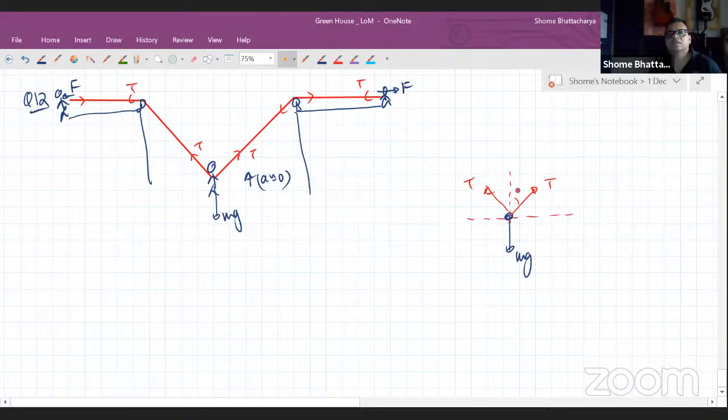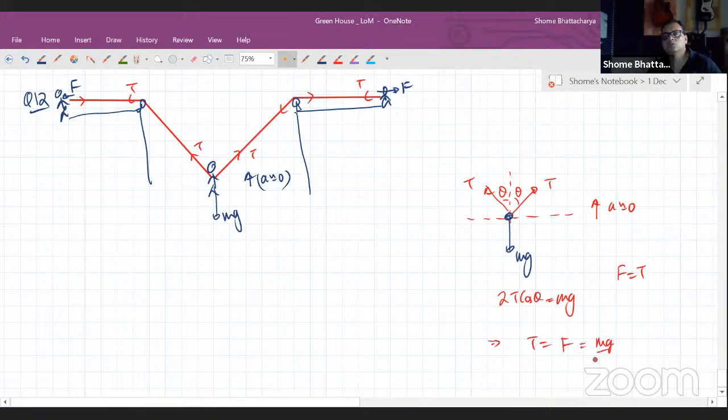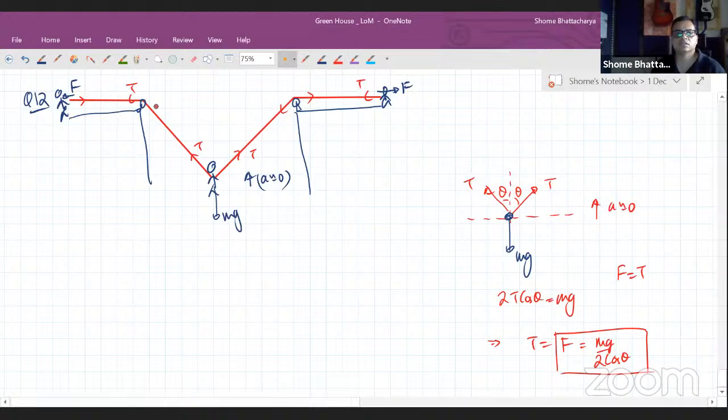Now let us say this angle is theta. If the upward acceleration is tending to zero because he's moving very slowly, then 2T cos theta should be equal to mg. And whatever force you're applying, that is only the tension. So that tension equal to the force is mg by 2 cos theta. Now the only thing is, how do we find out the cos theta? For that, the geometry of this triangle is given to us.